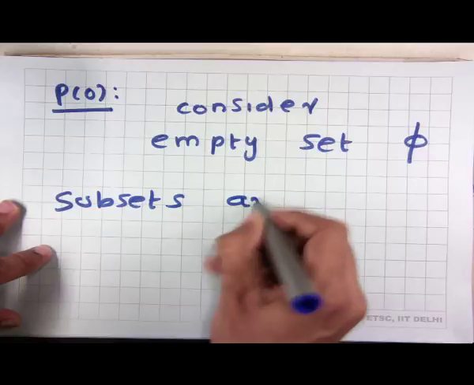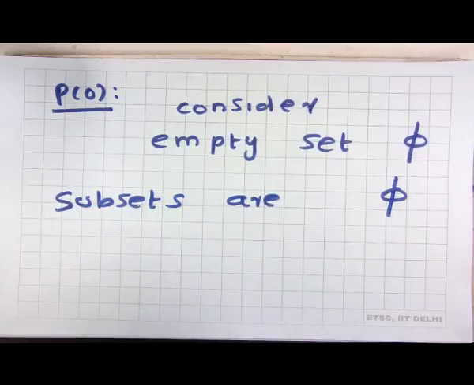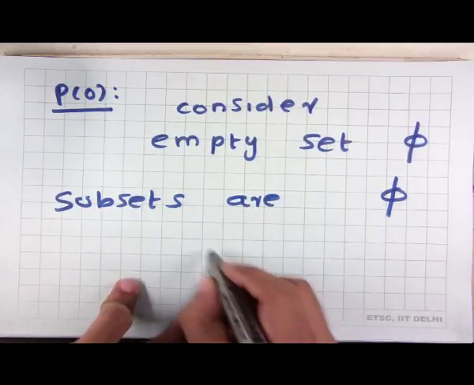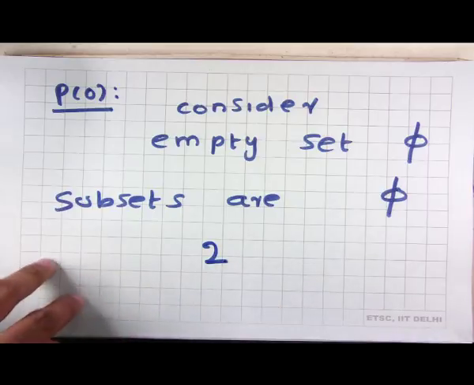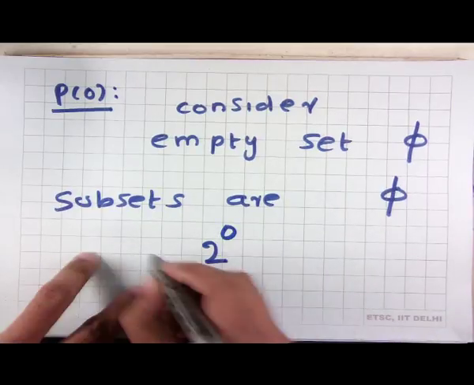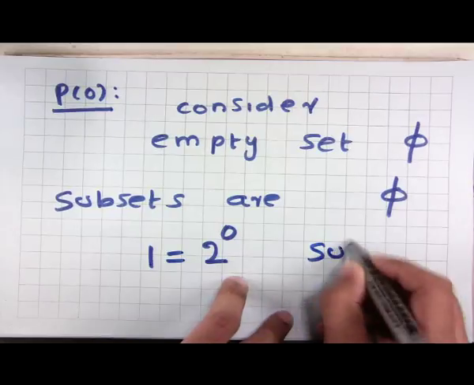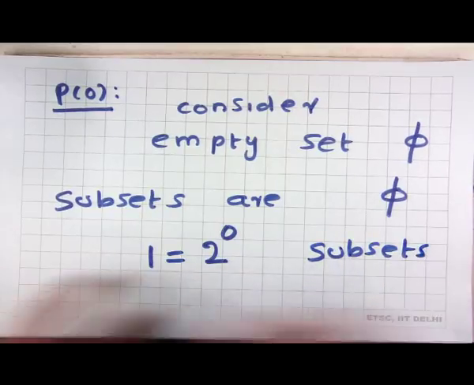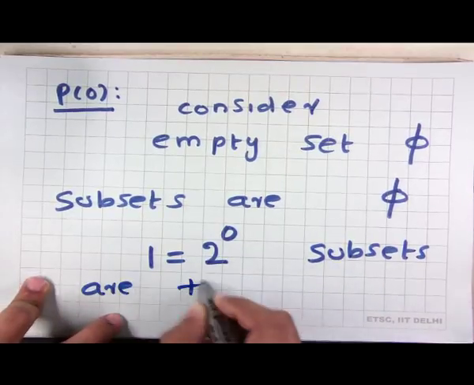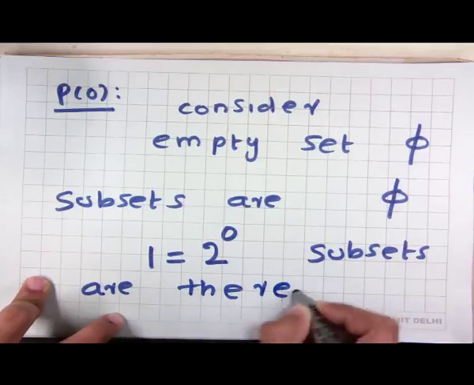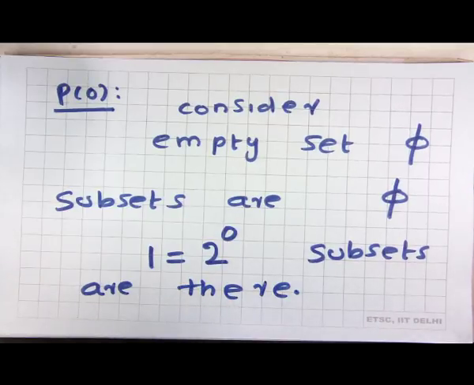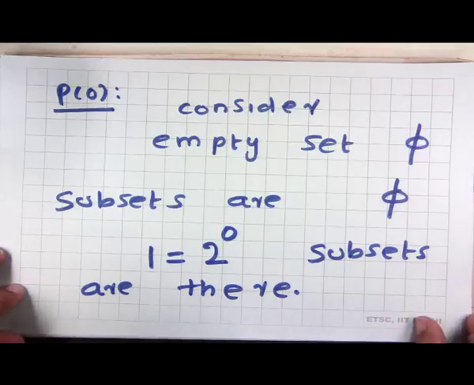Only one subset is there, namely the empty set. So, there is one subset, which equals 2 power 0. Thus, a set with 0 elements has 2 power 0 subsets in number.